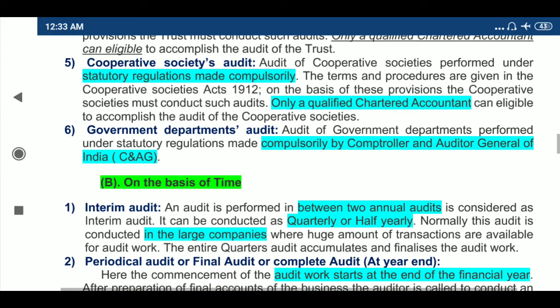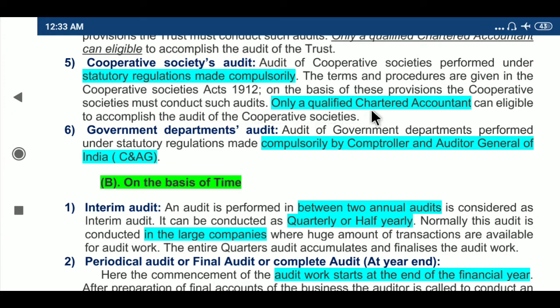Next, fifth one, cooperative societies audit. Audit of cooperative societies is performed under statutory regulations and made compulsory. The terms and procedures are given in the Cooperative Societies Act 1912. On the basis of these provisions, cooperative societies must conduct such audits.